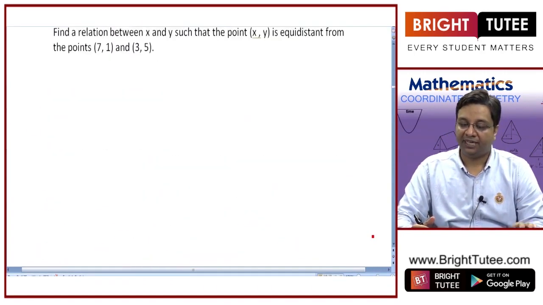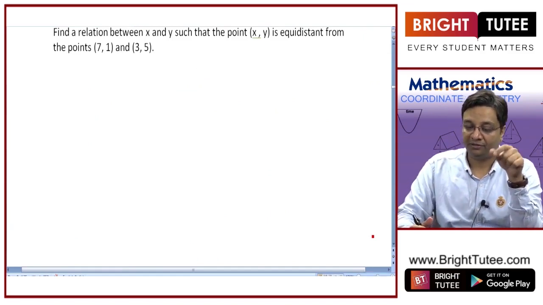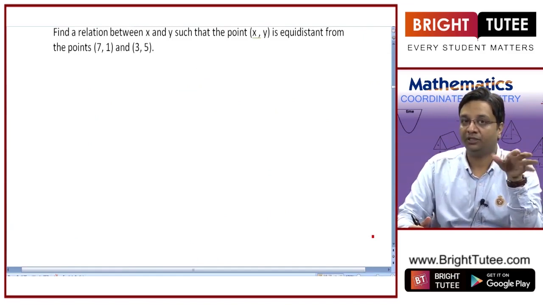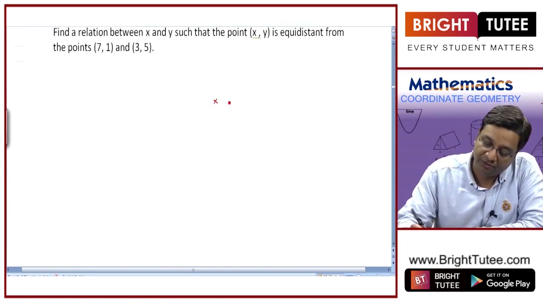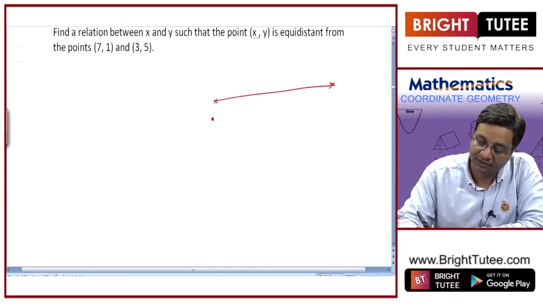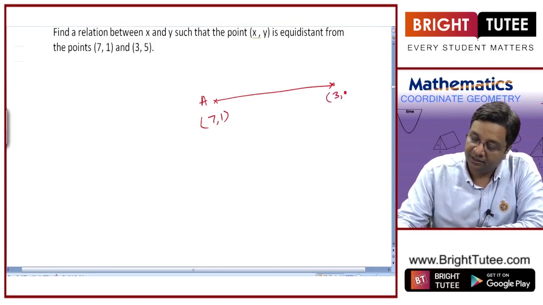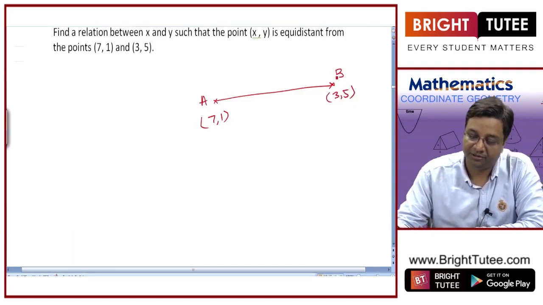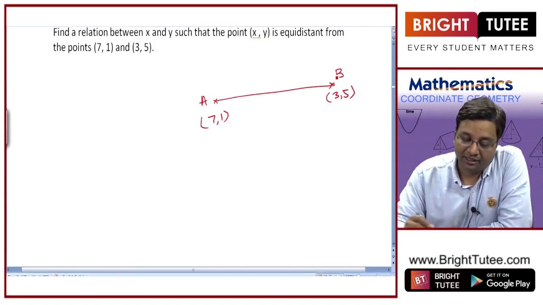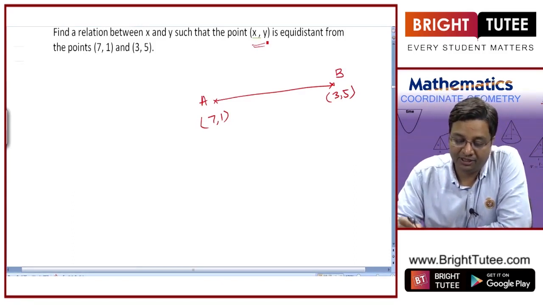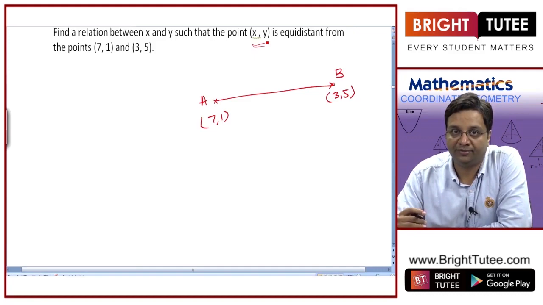Find a relation between x and y such that the point xy is equidistant from these two given points. Let's say these two given points are 7 1, let's name it as A. This is 3 5, let's name it as B, right? There is a point xy which is equidistant from these 2 points, right?